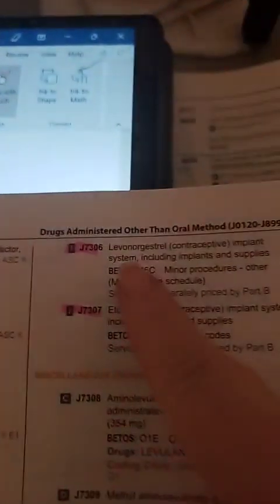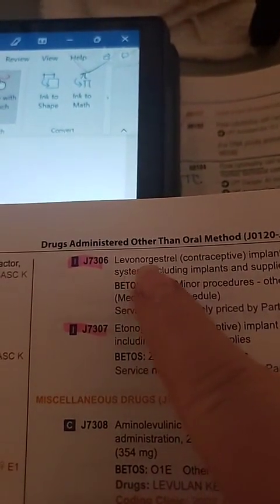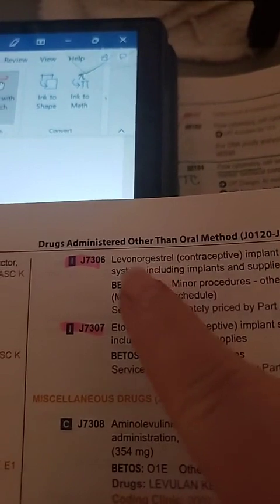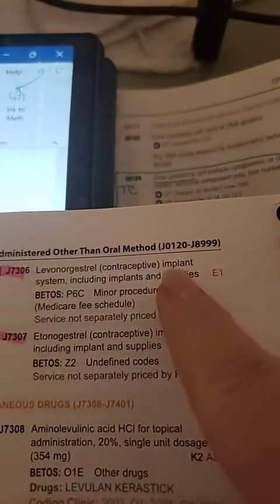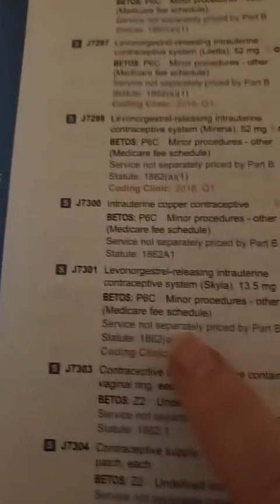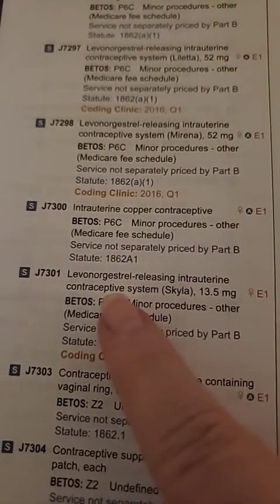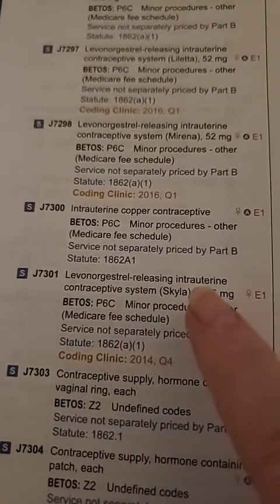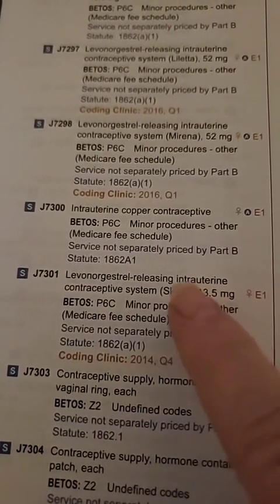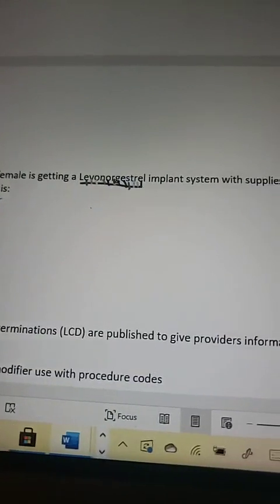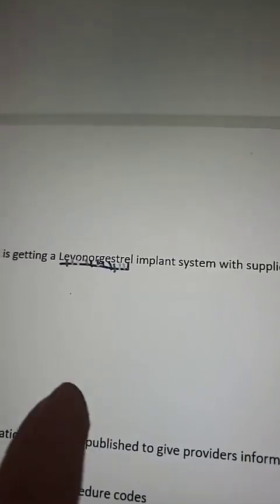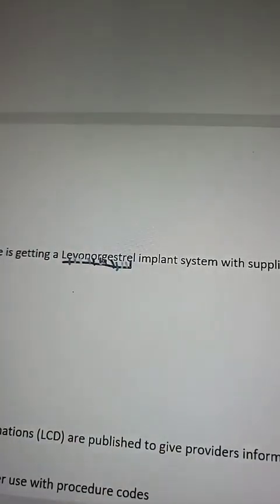And then this one is ONOR, gestural. Looks like they're spelt the same. This one's the implant, which is what they were looking for. And then the 01 is an IUD, intrauterine contraceptive system. So they were looking for the actual implant system.